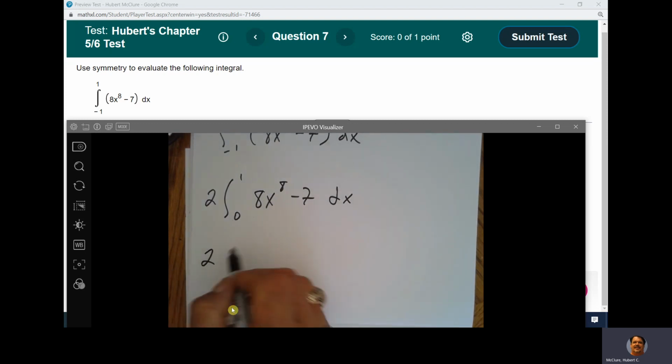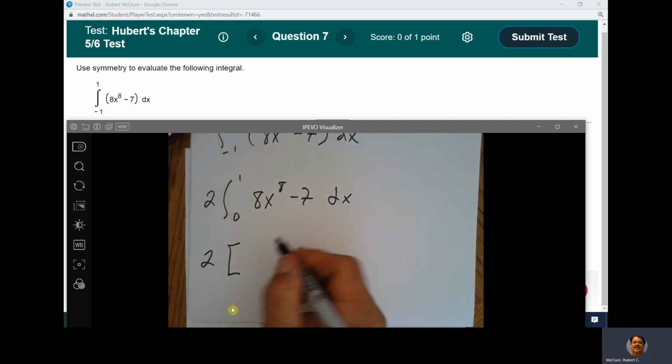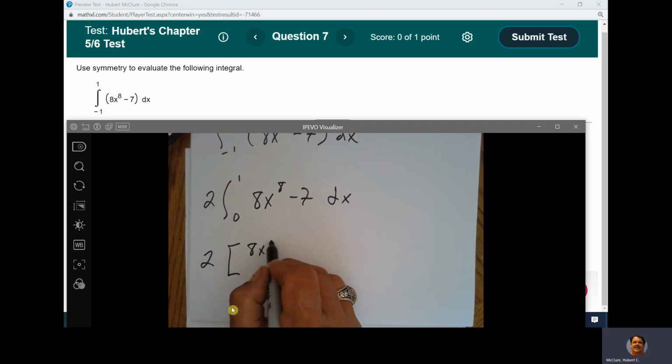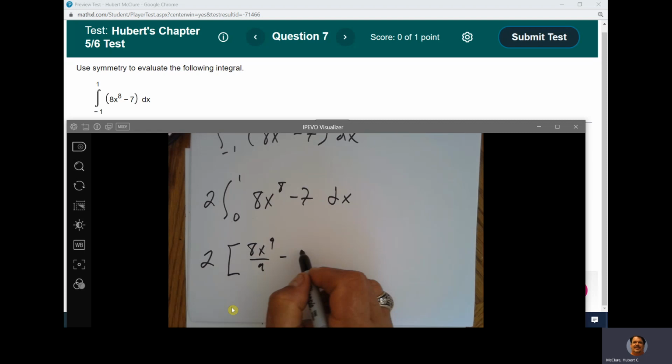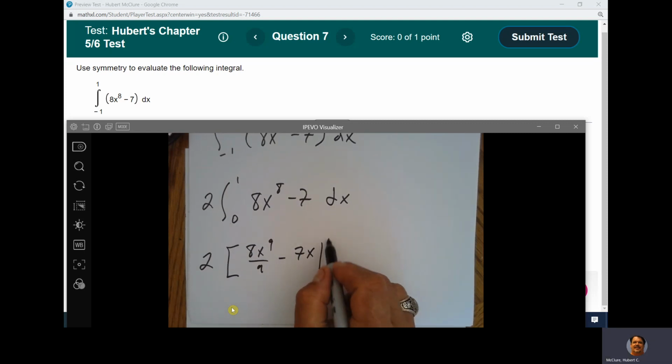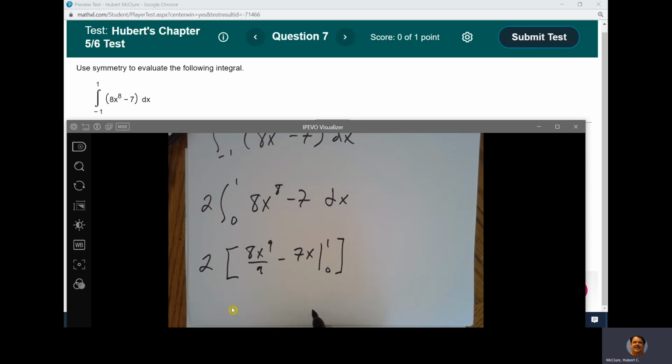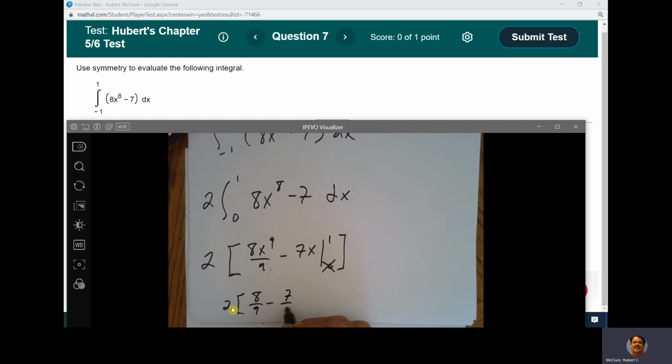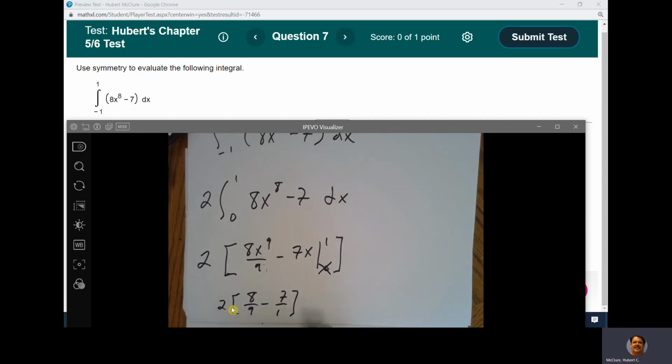That would be 2 times 8x to the 9th over 9 minus 7x, from 0 to 1. And then 0 cancels everything there. And you're going to have 8/9 minus 7 over 1. And that's going to give you your answer.